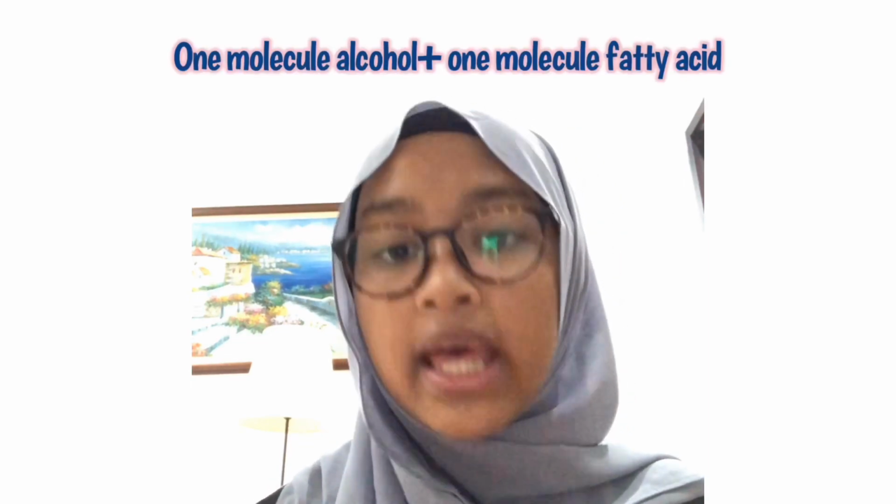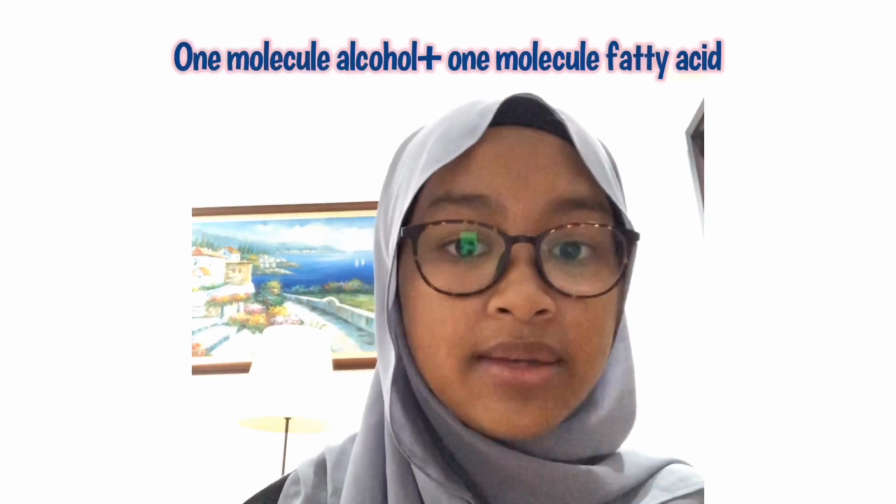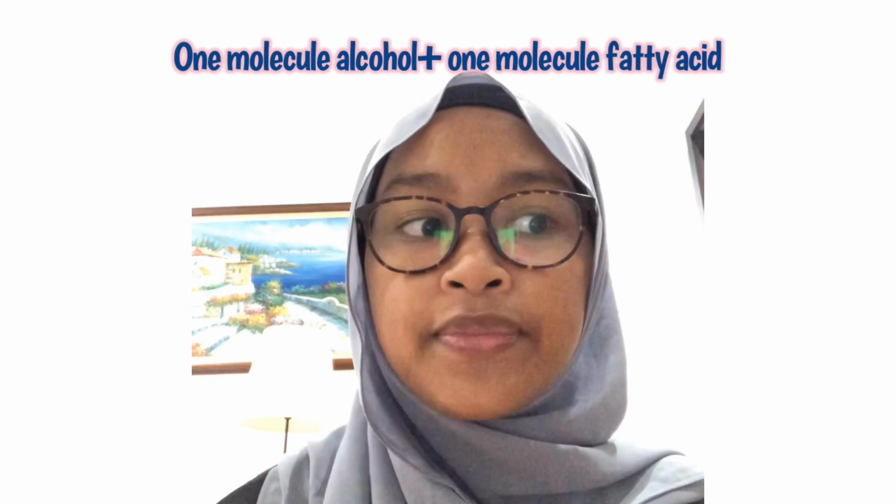Okay, next we have another type of lipid. We have wax, which in Malay we call lilin. Wax contains one molecule of alcohol that combines with one molecule of fatty acid, and it is also waterproof.